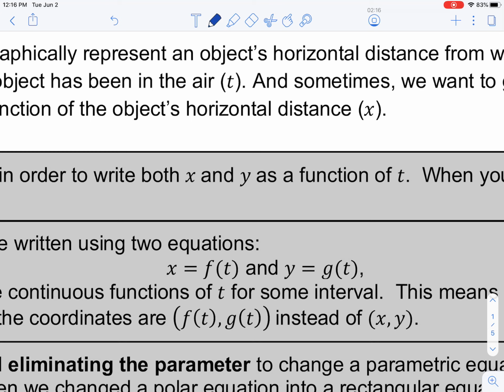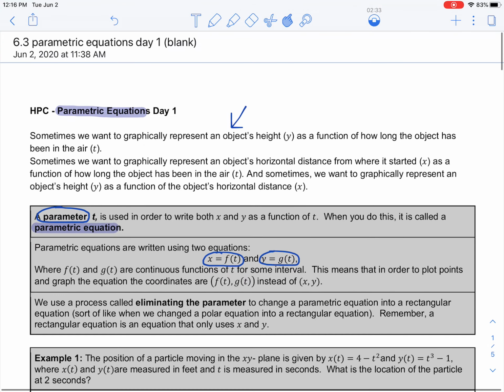We see that x is set equal to some function f that is defined by the variable t, and y is set equal to some function g that is also defined in terms of t. It's important to know that f and g are both continuous functions, and we're always looking at f and g on some interval for t.